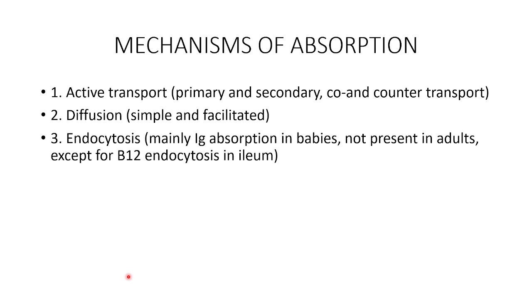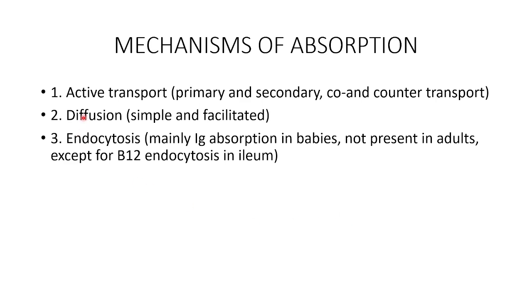But in most cases it's sodium dependent, which means that it depends on the activity of the sodium-potassium pump for the creation of a constant gradient. And this secondary active transport may be co- and counter transport, and we will see that for amino acids, di- and tripeptides, they use both co- and counter transporters: apical co-transporters and basolateral membrane counter transporters.